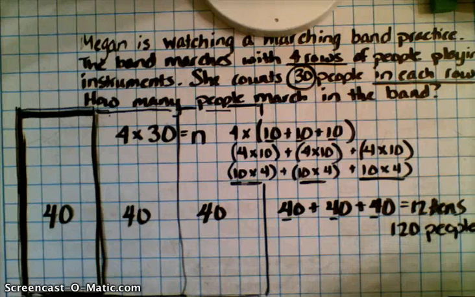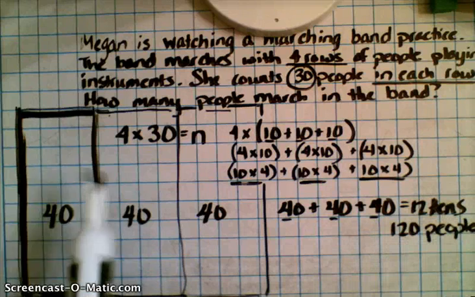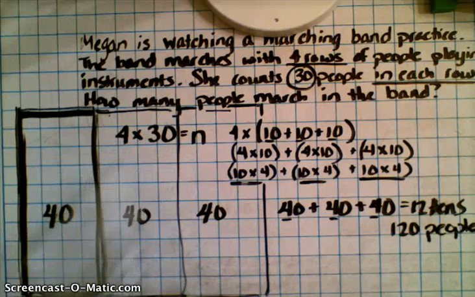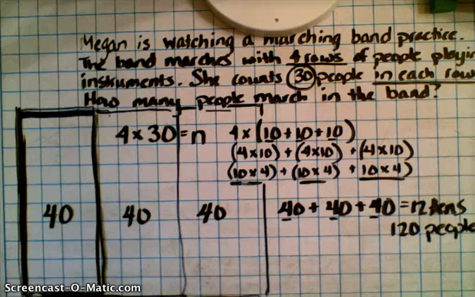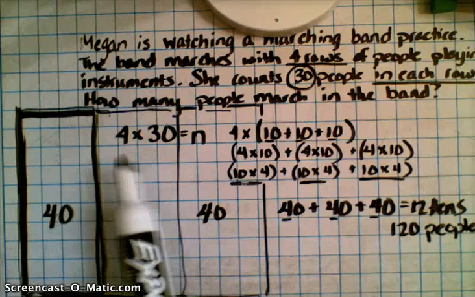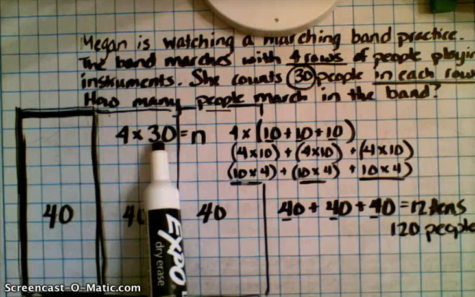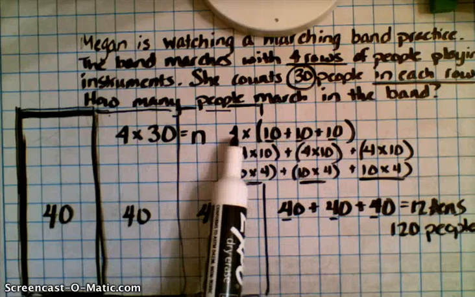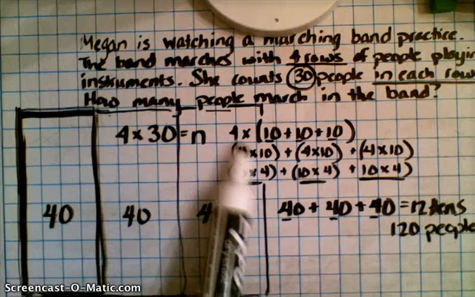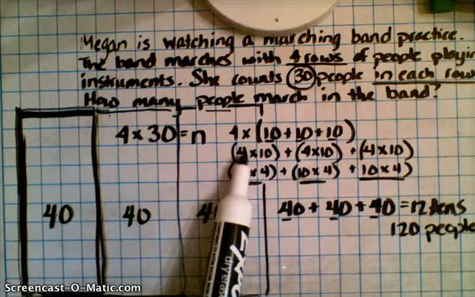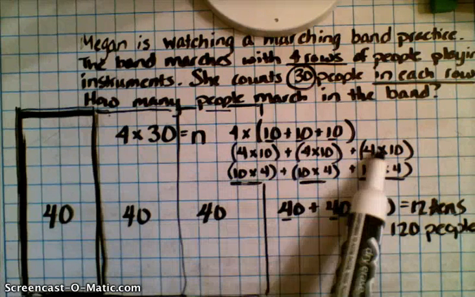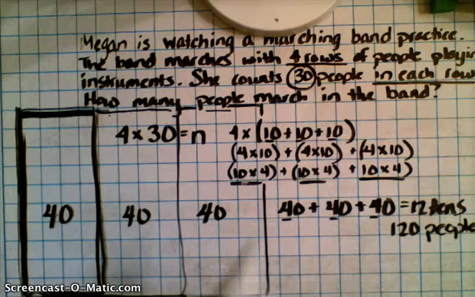Let's take a look at how we figured it out. From the problem, we knew we needed 4 rows of 30, but I didn't have enough room on my grid paper. So I broke 30 up as 10 plus 10 plus 10 and multiplied that by 4. And I multiplied 4 times 10 once, 4 times 10 twice, 4 times 10 3 times because of the distributive property.